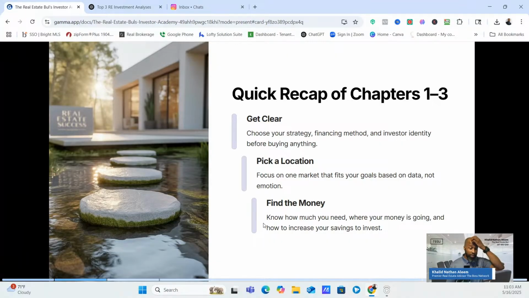We also talked about in chapter 1 writing your why out. And that's important, guys, because there's a lot of moving parts when you're dealing with real estate. Real estate is a big payoff, so it's an opportunity to get a lot of money. It's also an opportunity to lose a lot of money.